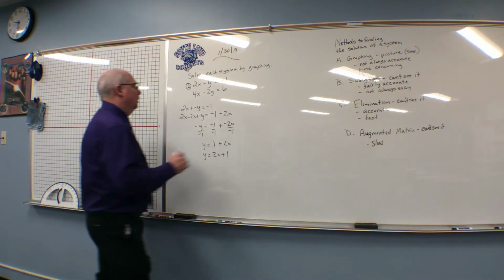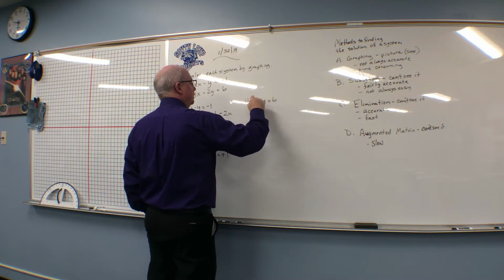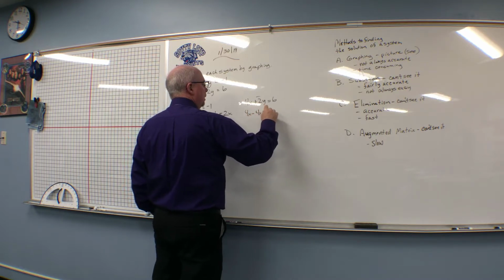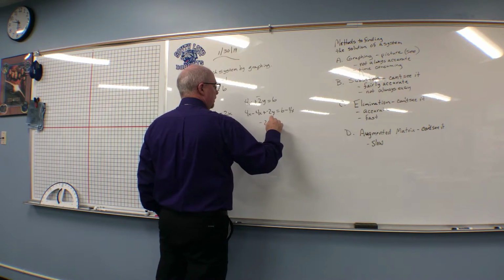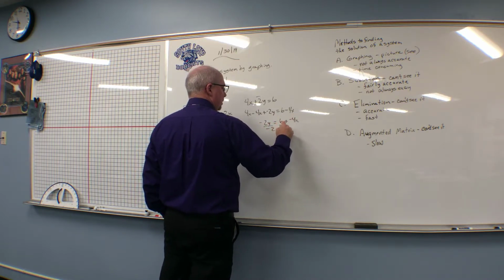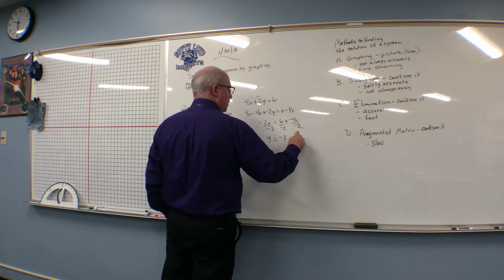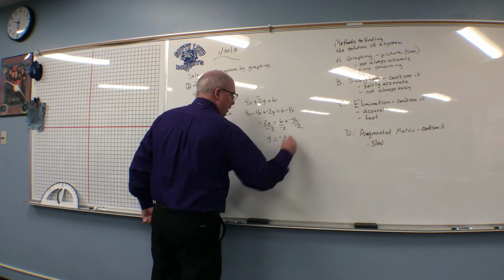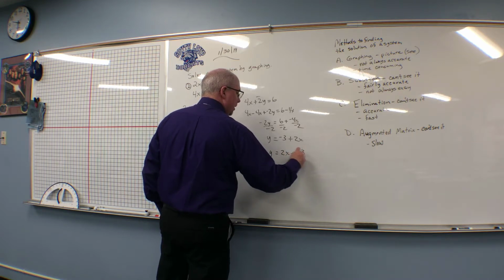Let's take a look at the second one. I'm getting y equals -3 plus 4x, no, 2x. It's 2x. Okay, so I get y equals 2x plus -3, is that correct?